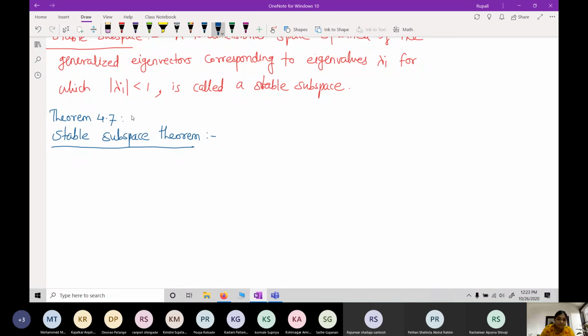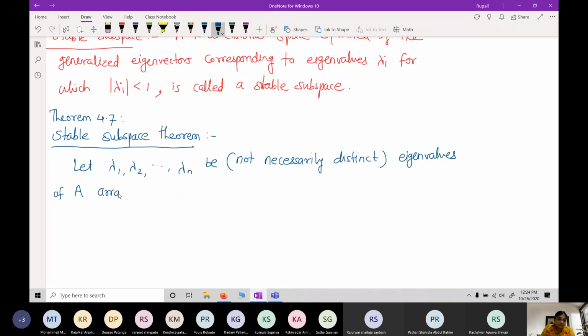What this theorem says is: let lambda 1, lambda 2, up to lambda n be, not necessarily distinct, eigenvalues of A arranged so that lambda 1, lambda 2, up to lambda k are the eigenvalues with modulus of lambda i strictly less than 1.